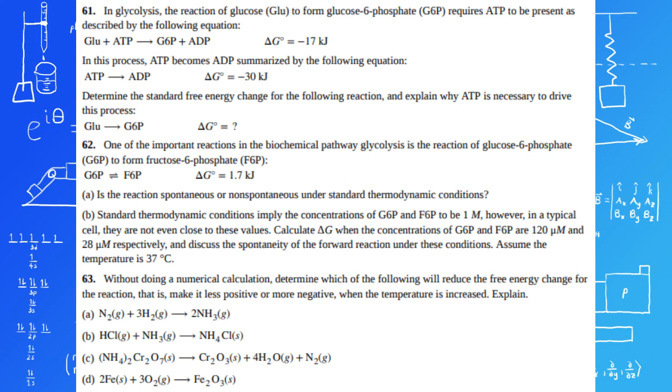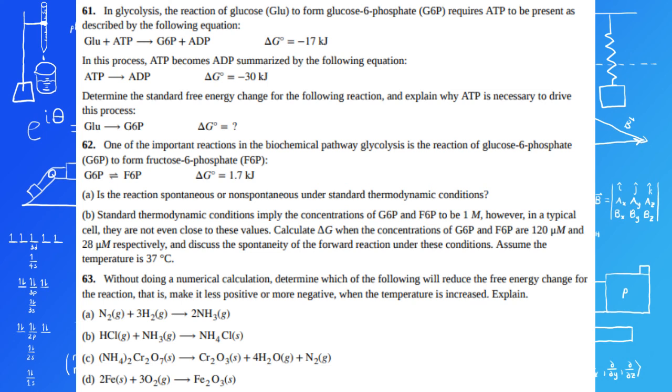It looks like everything is 1 to 1 in those equations that they give you for 61 and 62. I don't know if 61 is related, but yeah, that's not anything new. I mean, we haven't used the full delta G equals delta G standard plus RT ln Q, but you're rarely asked to do that anyway. And it's not as if it's that hard to plug numbers into it.